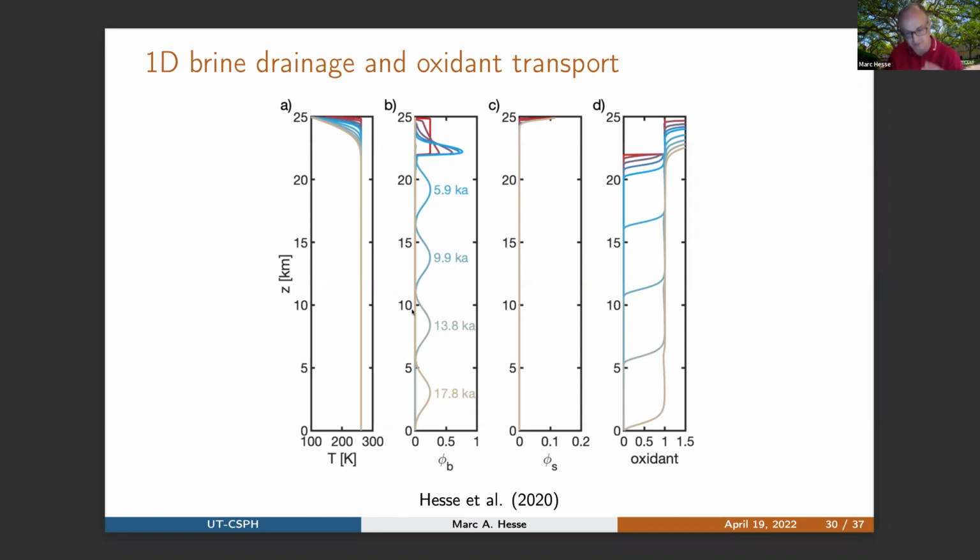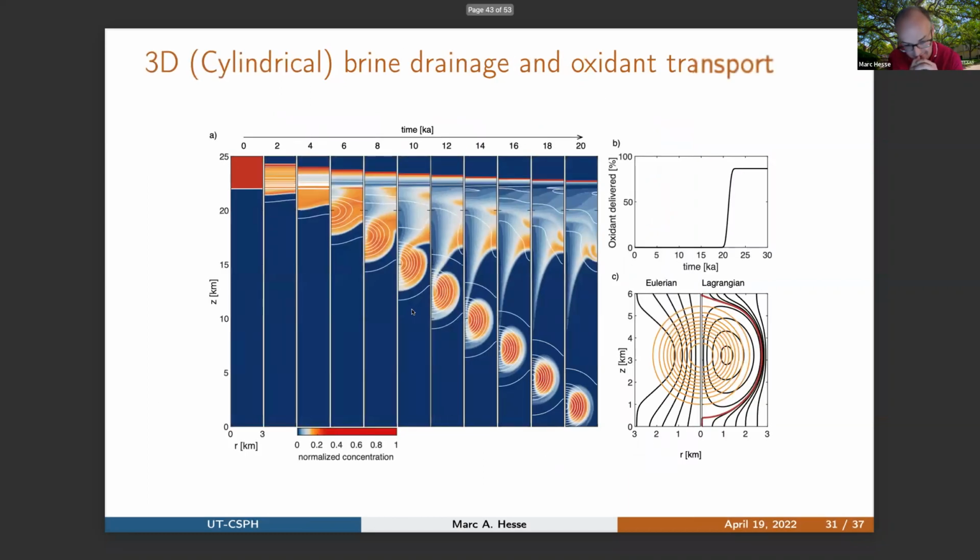But it turns out that the amount of tracer or geochemical constituent that you transport depends drastically on the dimension of this porosity wave. So to get a better handle on this, we did a pseudo 3D calculation where we assume a cylindrical coordinate frame. So it's actually 2D, but the volumetrics and, for that matter, the dynamics are similar to 3D.